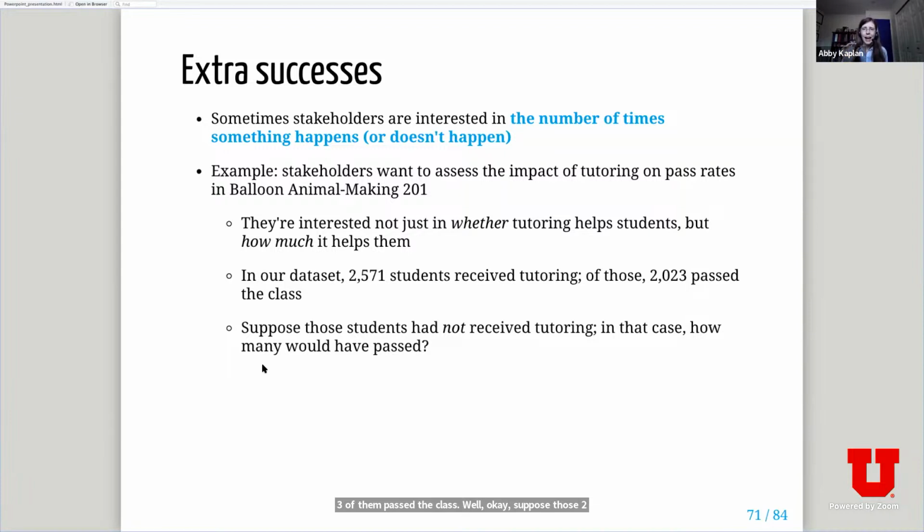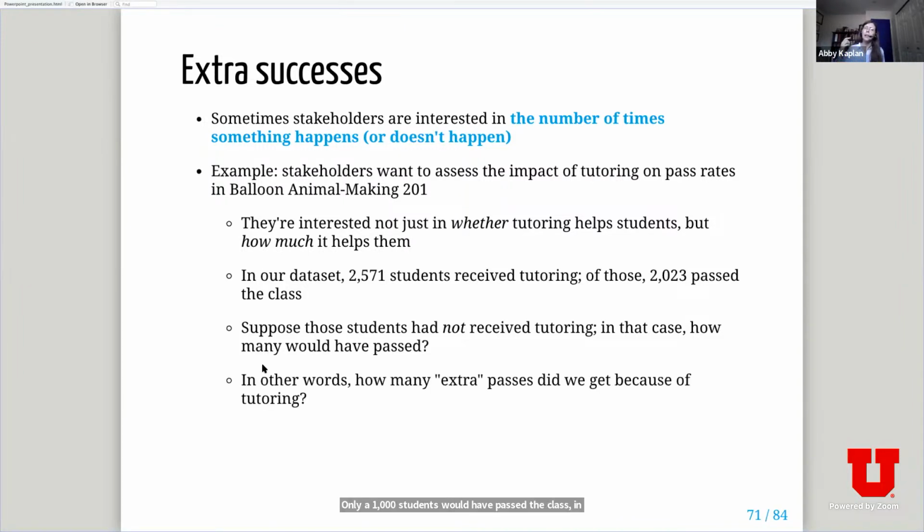Well, in that case, how many students then do we think would have passed the class? Do we think, yeah, still about 2,000 would have passed the class anyway, which means tutoring didn't do much? Or do we think only 1,000 students would have passed the class, in which case tutoring was a huge benefit? So in other words, we're asking how many extra passes, like counts of actual students, I could shake the student's hand and say, congratulations. How many extra passing students did we get because of the tutoring?